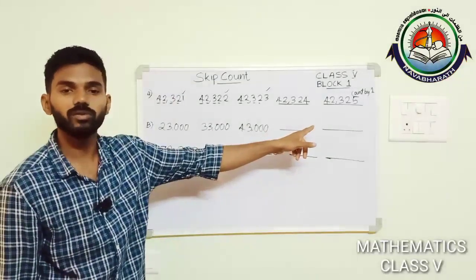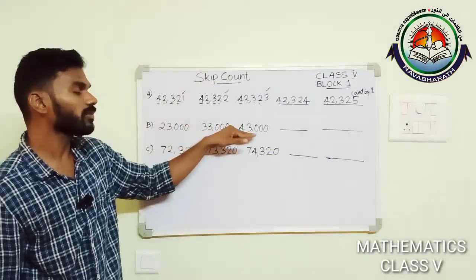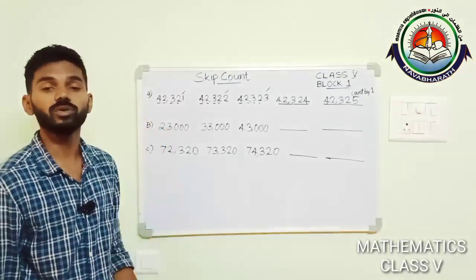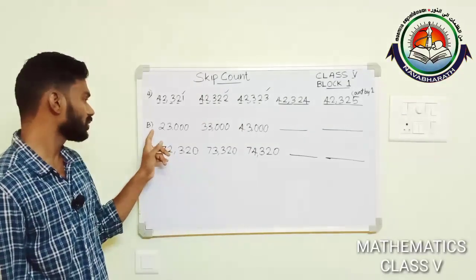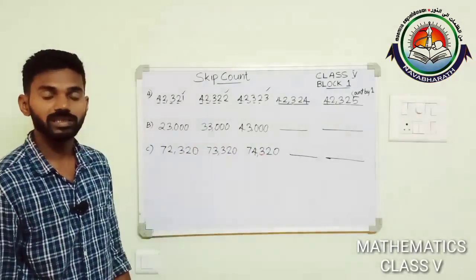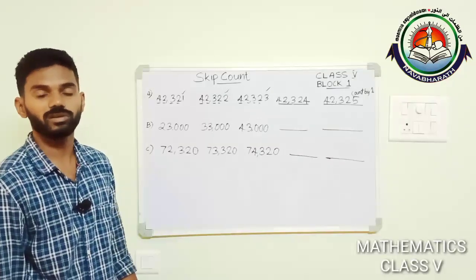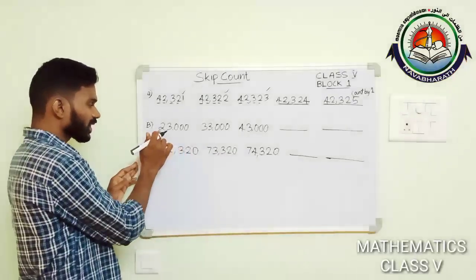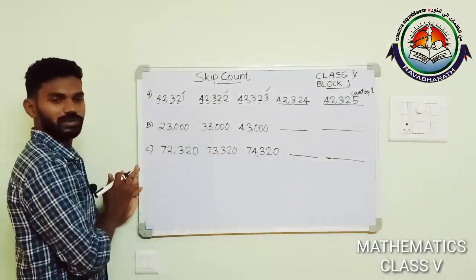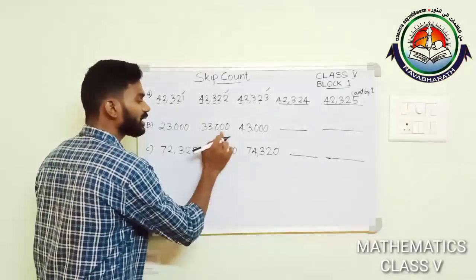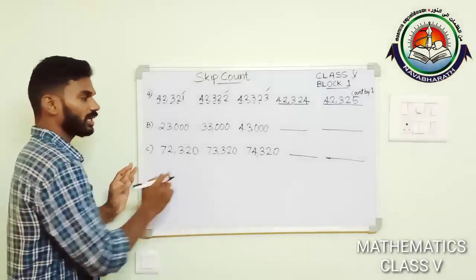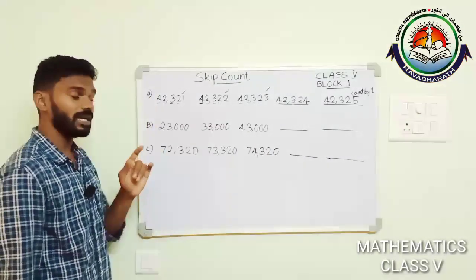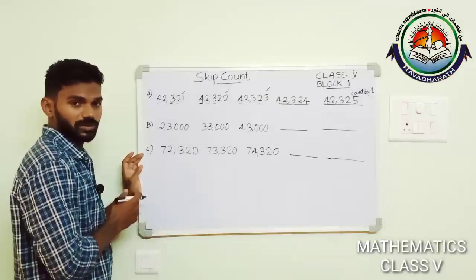Now look at the second question. First of all, you should look at the given numbers and find which type of count it is. For that, you should focus on the digits and find at which place the change is occurring. So let's begin. Here it is 23,000 and it would become 33,000 and next it would become 43,000. Here the change is at which place?